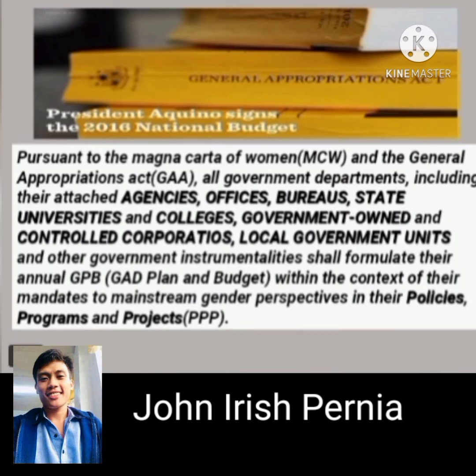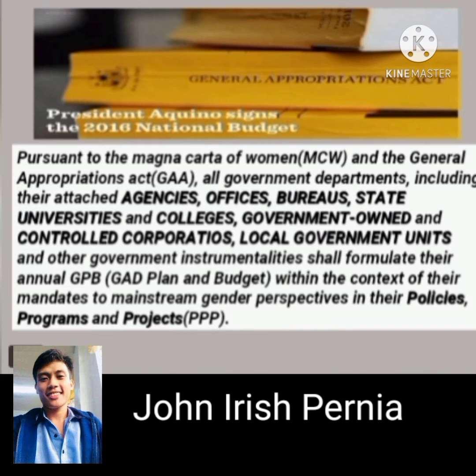So yung according to the Magna Carta of Women nga and General Appropriation Act or GAA, yung lahat ng government agencies na to, din yung mga offices, bureaus, state universities, etc. is nagsama-sama sila to formulate GPB or yung Gender and Development Plans and Budget annually.